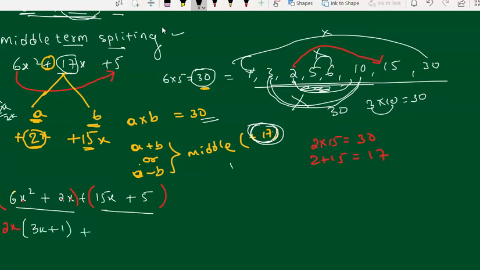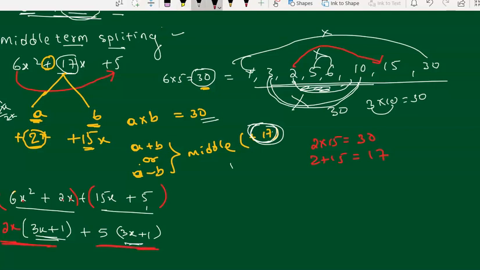In the same way, here you also take a common factor such that in this bracket you get this one only. If I take 5 as common here, in place of this I will get 3x plus 1. Yes, you are getting the same thing, right? Now I have got two terms here. This is one term and this is the second term.